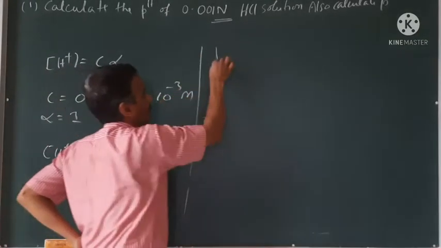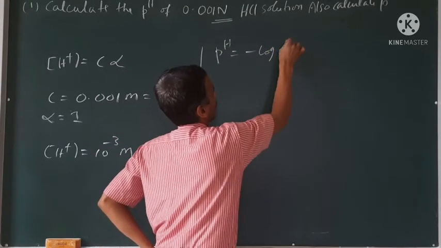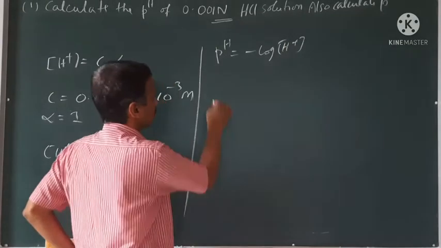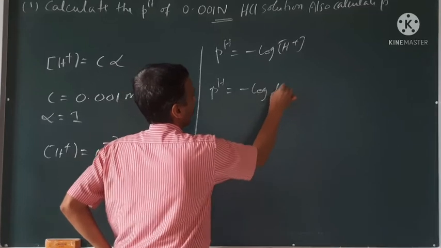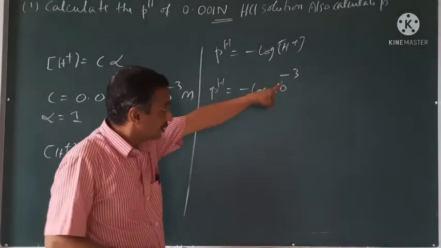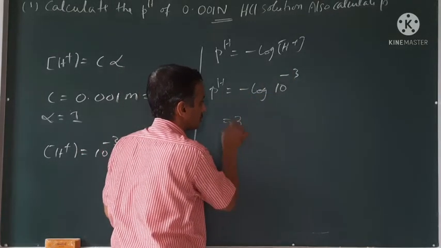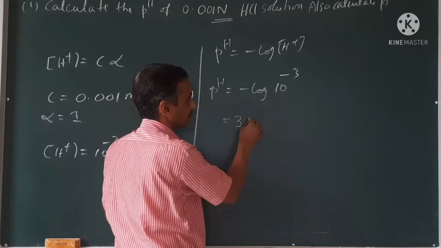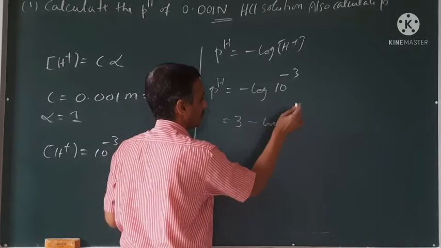Now, pH is equal to negative logarithm of H plus ion concentration. So, pH is equal to negative logarithm of 10 to the power minus 3. What I said? Write this here. So, 3, then nothing, as log 1 is 0.